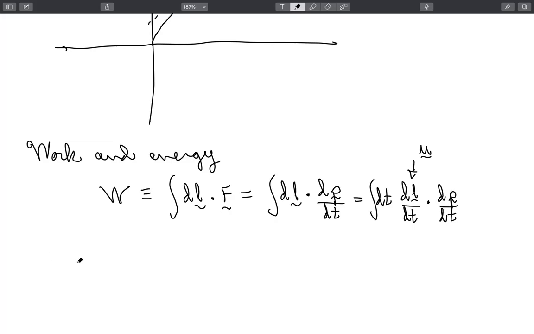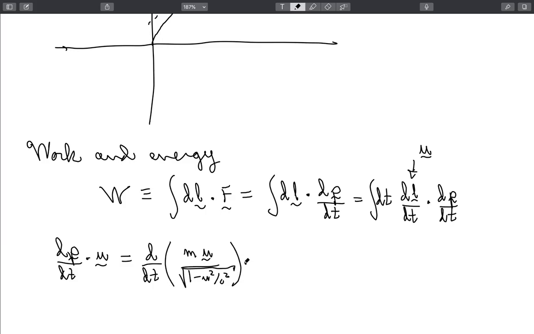So if I am to look at dp/dt dotted into u, then what do I have? Well, by just substituting for the relativistic momentum, this is just d/dt of the following thing: mu divided by the square root of 1 minus u squared over c squared.